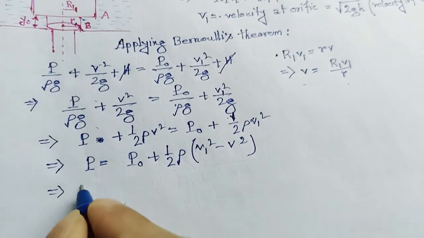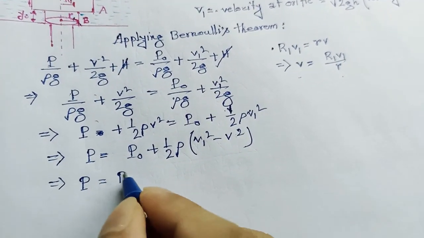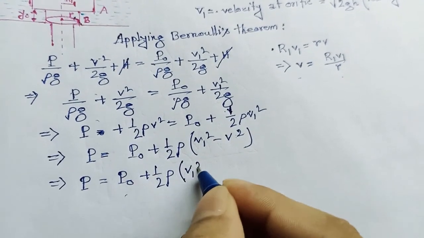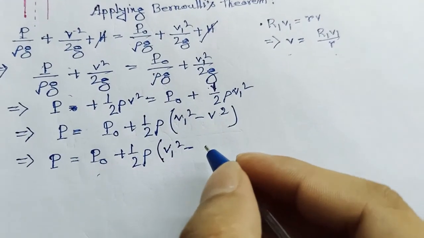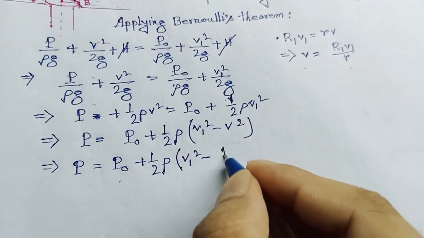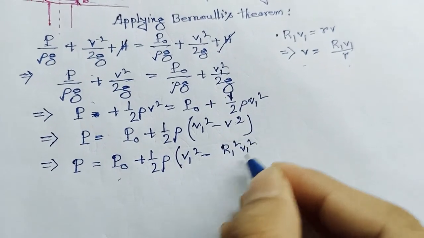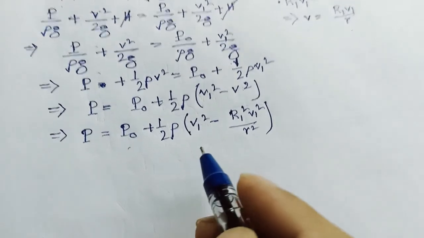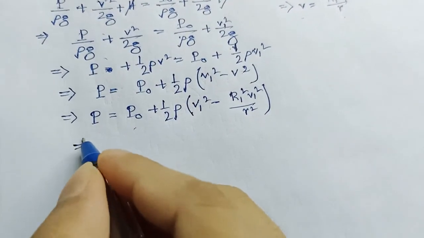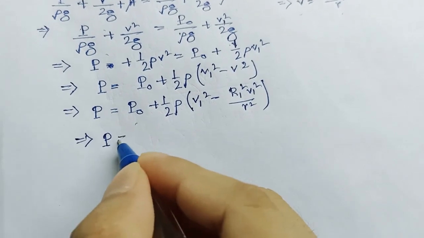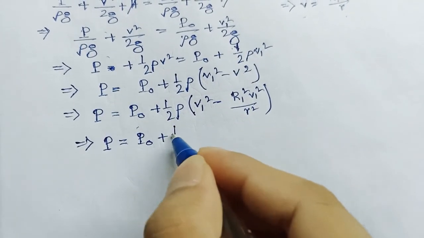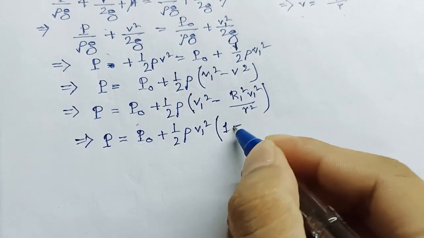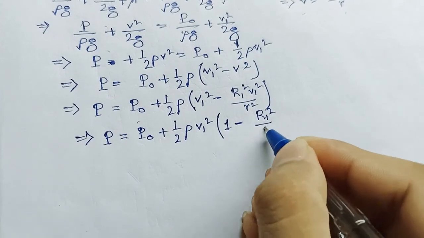After replacing, our pressure term P will be P naught plus half rho times v1 square minus r1 square v1 square divided by small r square. Now we can take v1 square common from the right side. So after taking common, P equals P naught plus half rho v1 square multiplied by 1 minus r1 square divided by r square.